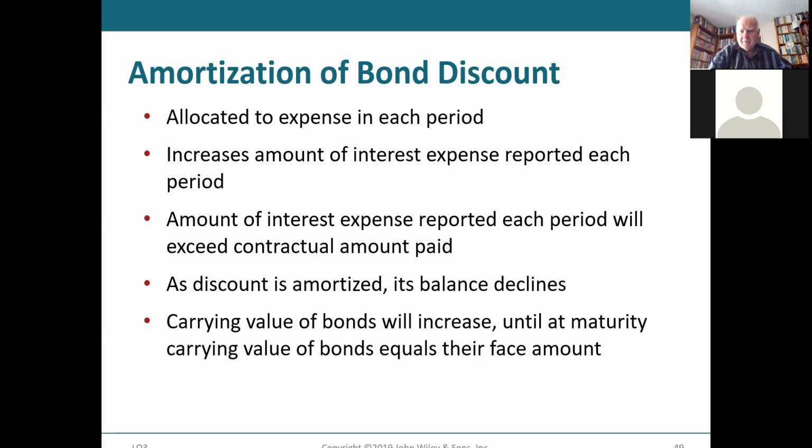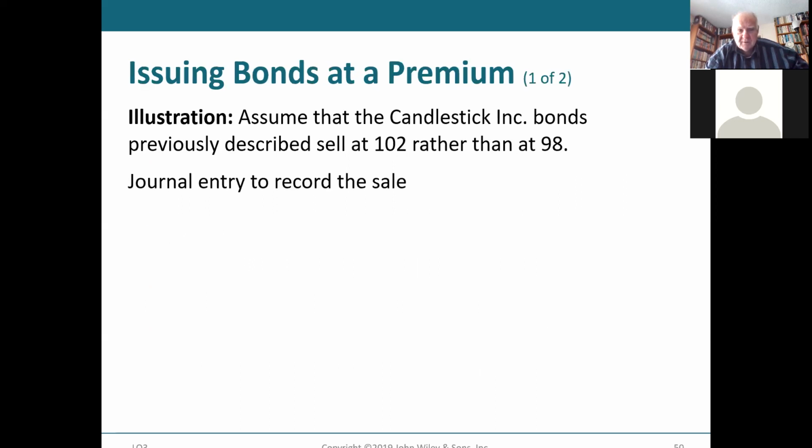One is the coupon rate, the 5%. The other is the amortization of the discount. As the discount is amortized, its balance declines. The carrying value of bonds will increase until at maturity value equals their face amount.